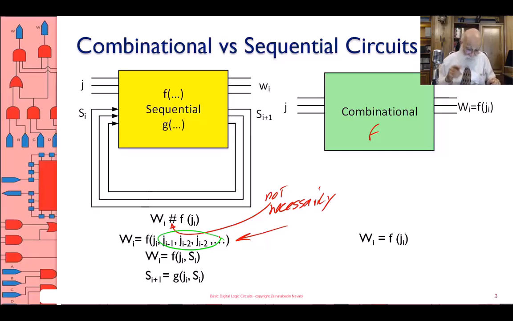So I'm not going to write W as a function of the present input and unlimited inputs of the past. Instead, I'm going to put all those inputs into the state of the circuit and say my output is going to be based on the present input and the present state of the circuit.